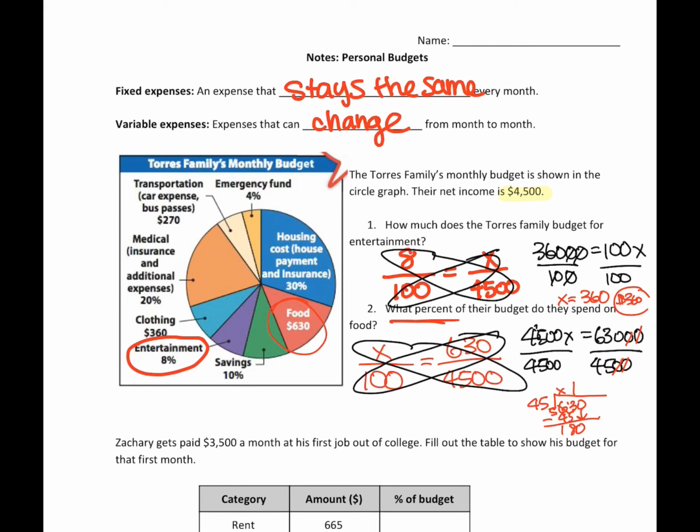Bring down the 0. 45 goes into 180 about 4 times. 4 times 45, if we do that there, it gives you exactly 180. So we know that x equals 14, and we know that's 14%, not dollars, because we were looking for the percent.